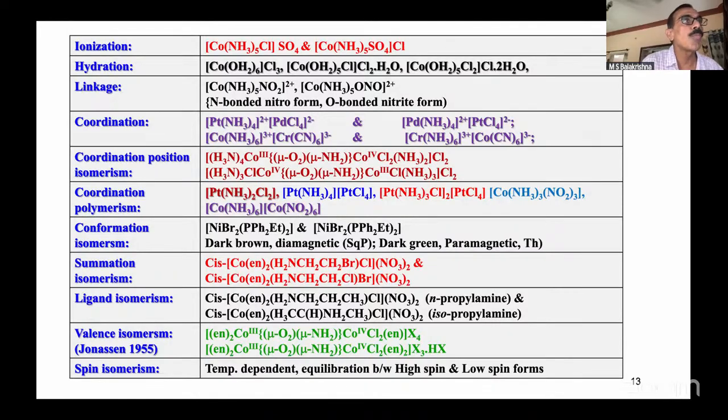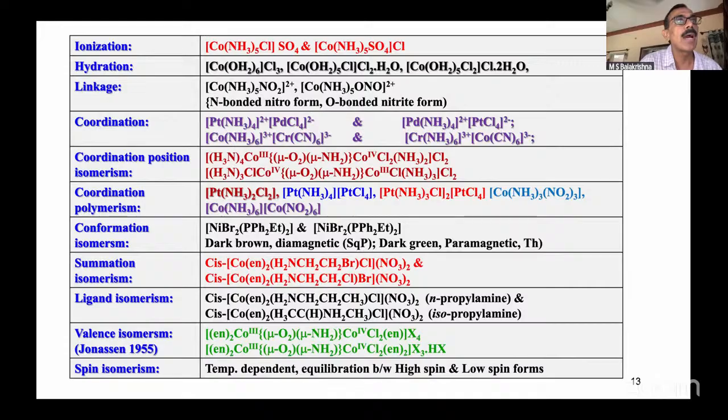And then coordination polymerism. Coordination polymerism is something that you can see, several examples I have shown here. Diamminedichloroplatinum, and you can also see that is very similar to the ionic complex such as tetraammine platinum and tetrachloroplatinate.